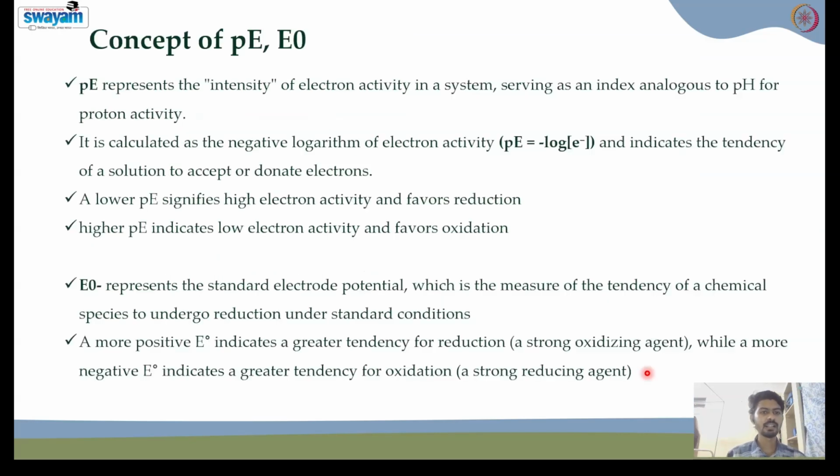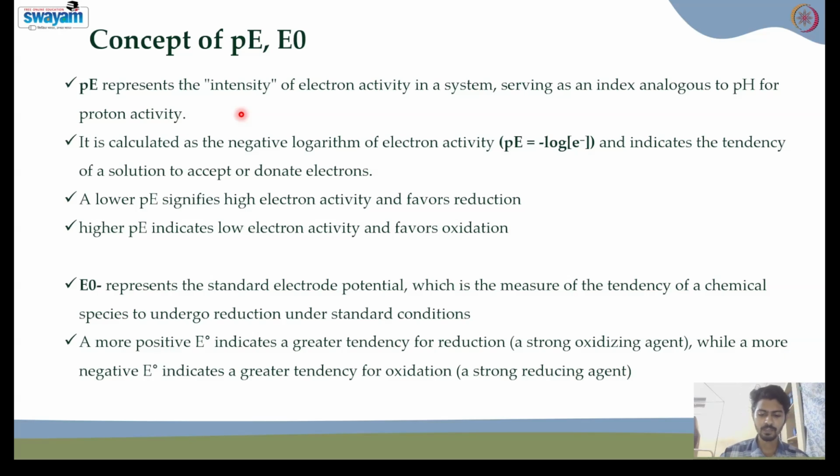And as I said, what do you mean by PE? PE is nothing but it represents the intensity of the electron activity in a given ecosystem. And how do we say pH? pH is nothing but the number of protons that are present in a given system. That is the H plus ions that are in the given system. We call it pH. If there are very few H plus in the given environment, what do we call it?